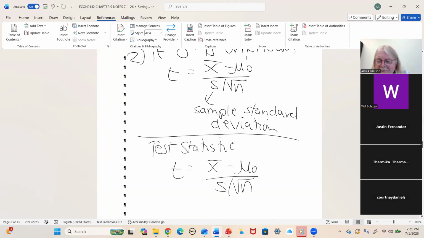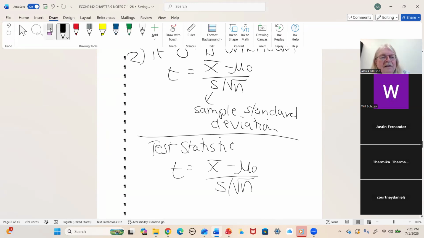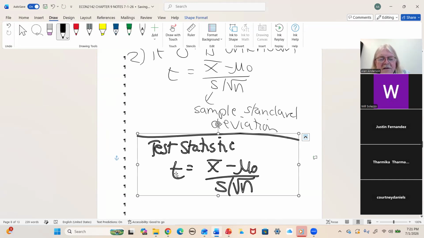Oh, I'm sorry. Wait a minute. My fault. No, they gave us sigma. I just realized as I was writing that it's this one instead. It's the one based in the standard normal.